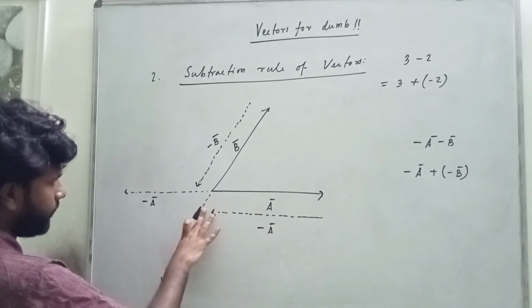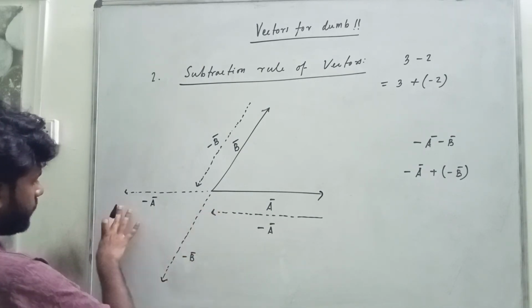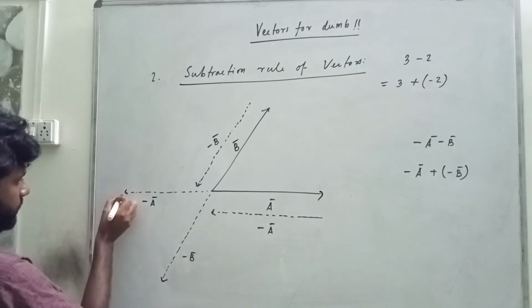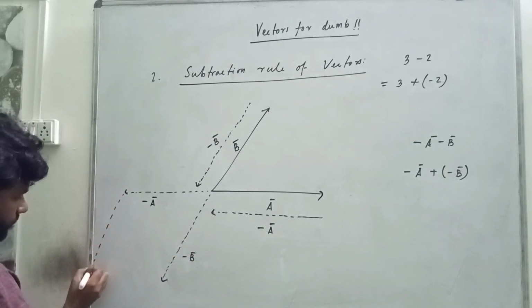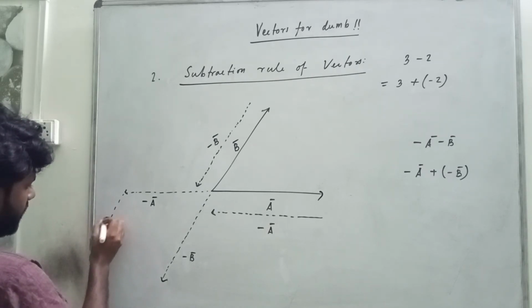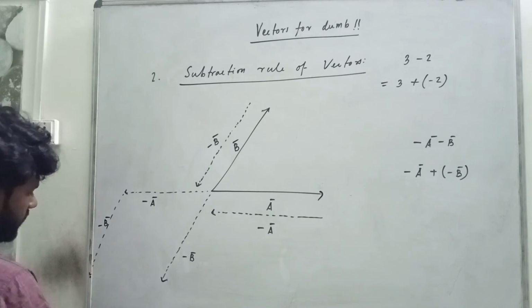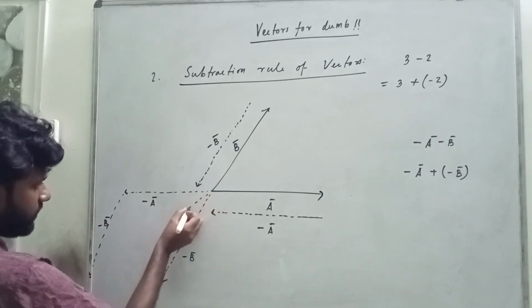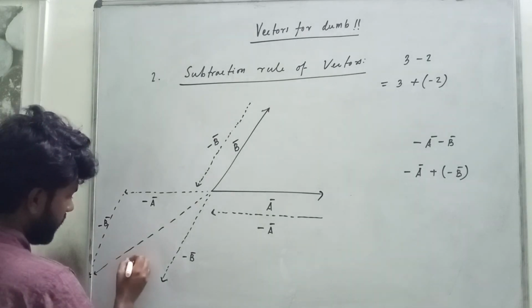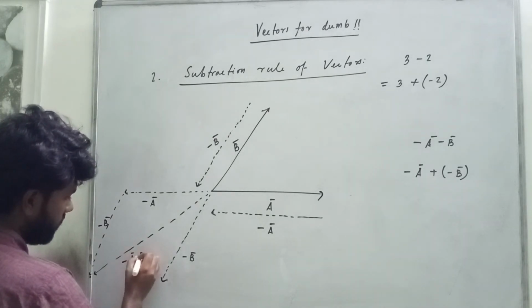Shift this minus b parallel to itself, from here to there. Right? Put a dot here and just connect.